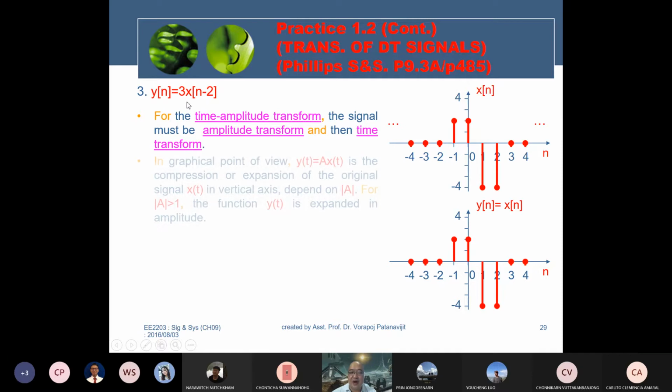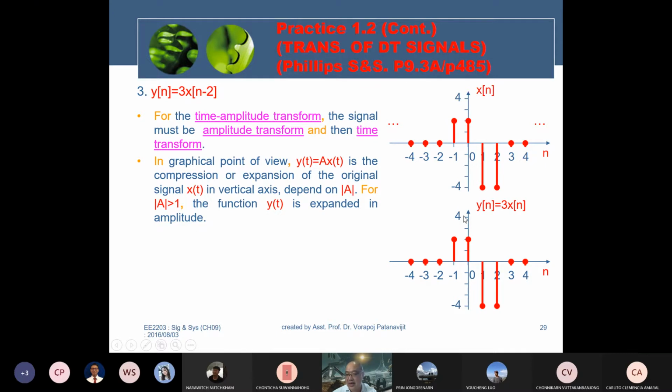For the amplitude transform, in the graphical point of view, it is already in the form of y(t) equal to a x(t), the compression or the expansion of the original signal x(t) in the vertical axis, depending on absolute a. And in this case, absolute a equal to 3. For absolute a greater than 1, the function y(t) is expanded in amplitude.